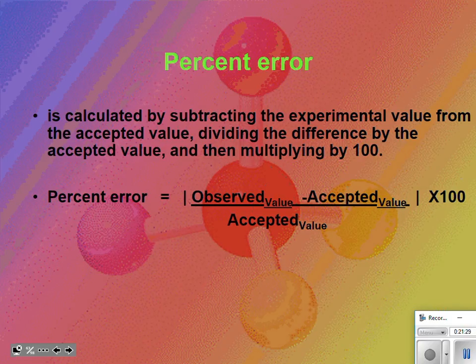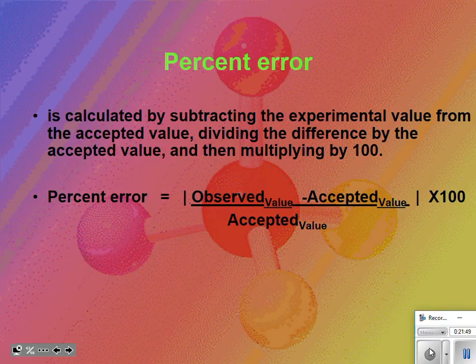Okay? So, the observed value, the value that you got in your experiment, minus the accepted value, what you should have got if you did everything totally correct, divided by the accepted value times 100.